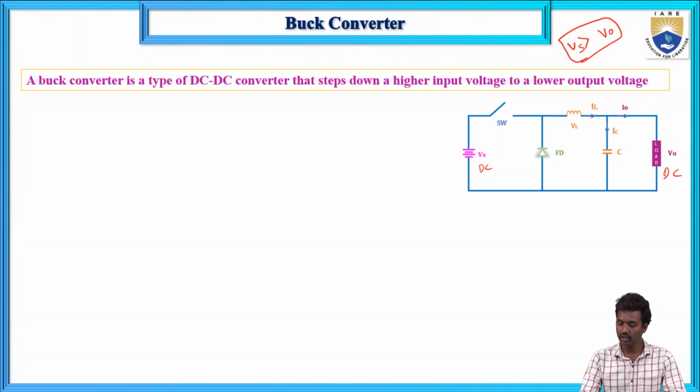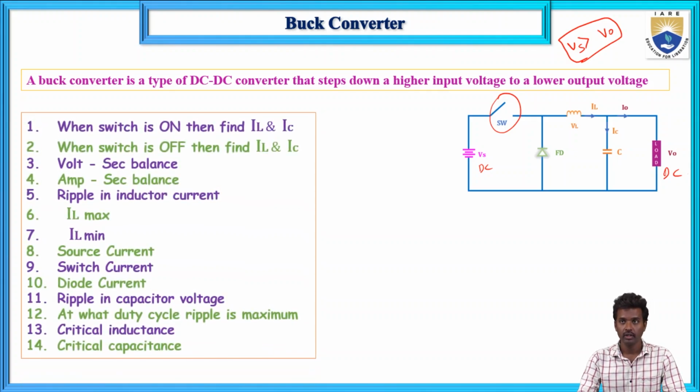This is the circuit diagram of the buck converter. Here we are using one switch, SW, an inductor, one capacitor, and one diode. In this buck converter, first when the switch is on, find the inductor current IL, the inductor voltage VL, and the capacitor current.